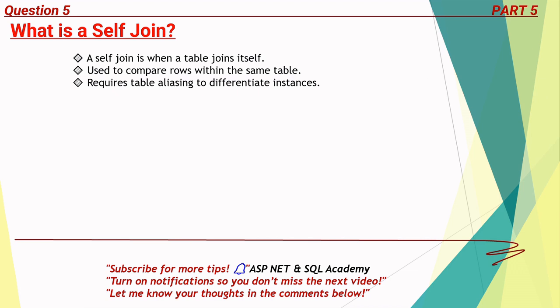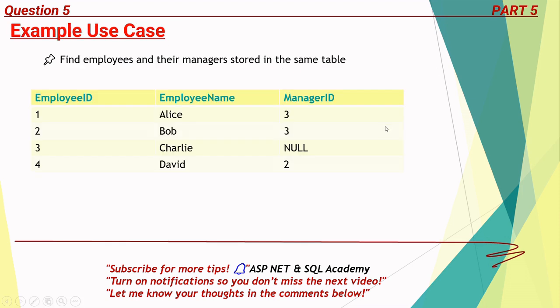This is useful when comparing rows within the same table, such as finding employees and their managers stored in the same table. Consider this employee table where each employee has a manager ID that references another employee ID in the same table. We will use a self-join to match employees with their managers.